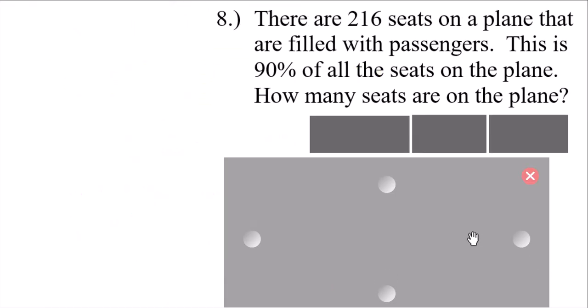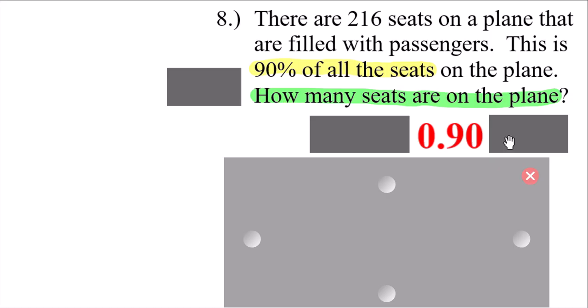Problem number 8. What is the question asking you to find? It's asking you to find how many seats are on the plane. What is the percent of? 90% of all the seats on the plane. So 2 problems in a row where the percent in decimal form is times an unknown. 90% of all the seats.